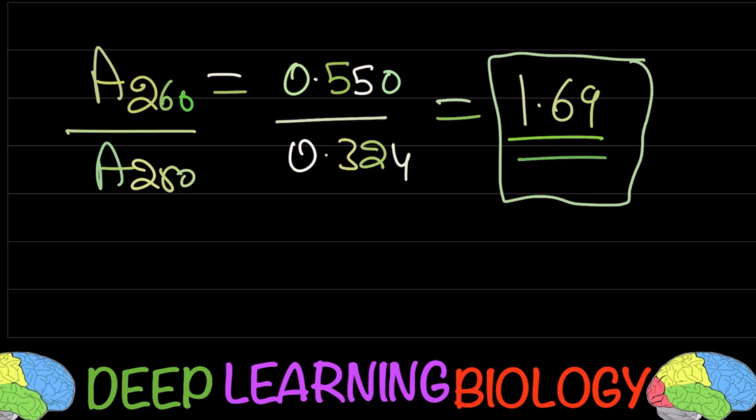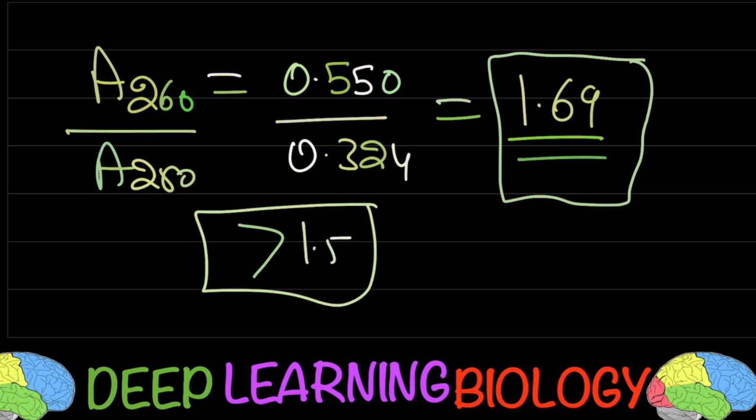Here the ratio is greater than 1.5, so you can use this DNA. It is going to have less amount of proteins, so your DNA is more pure. Just remember the ratio must be more than 1.5. Hopefully you have learned this.